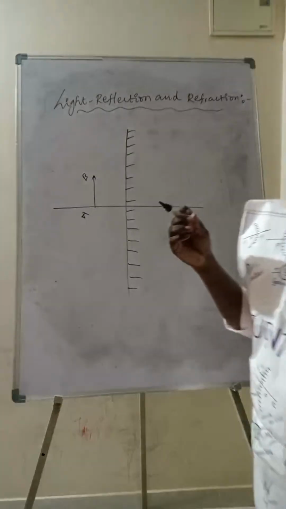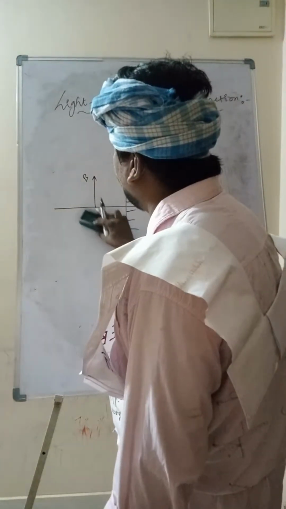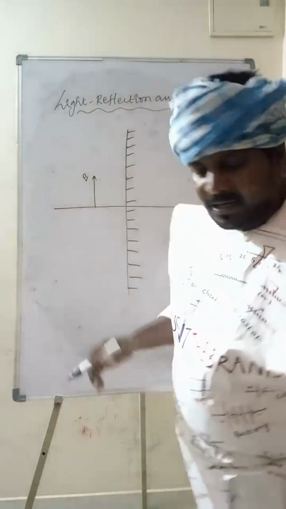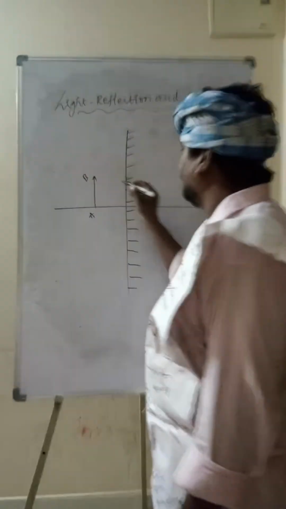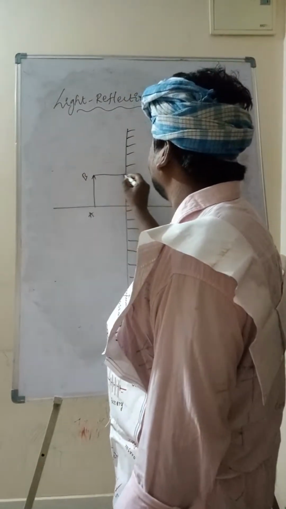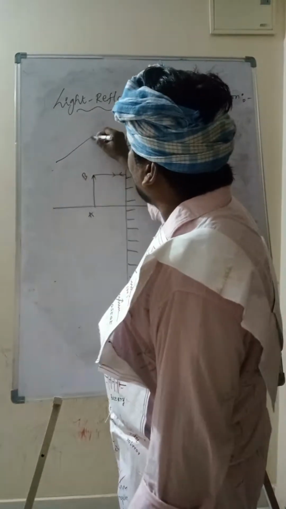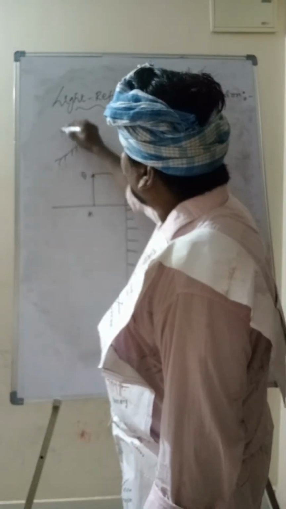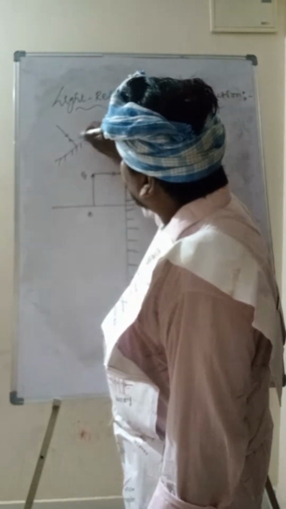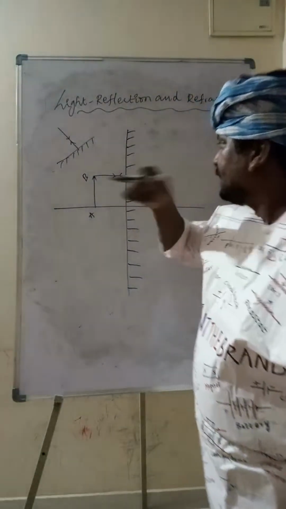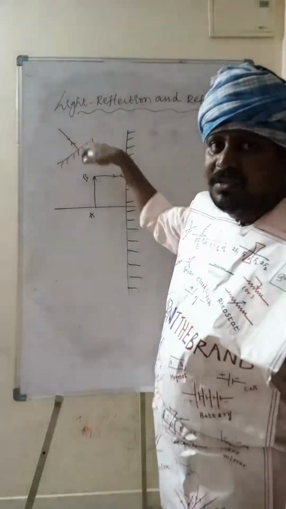Okay. So how many light rays are required to form the image of the object? Minimum 2 light rays. So that's why I am taking. This is A, this is B. One light ray I am taking like this. It will be reflected. If your light ray is passing along the normal line, if it is incident along the normal, it will be reflected back in the same direction.